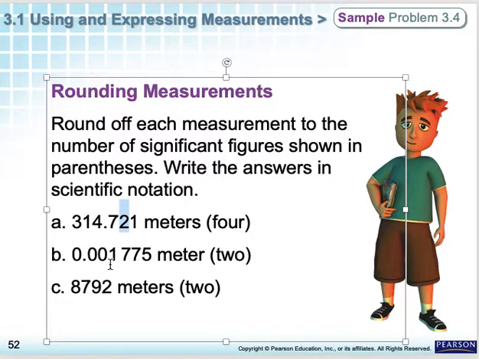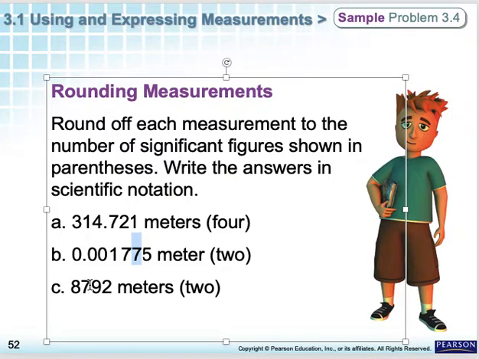Here, if I want to round to 2 significant digits, I'm going to keep the 1 and the 7, and the second 7 is where I'm going to decide if I'm going to round up or round off. In this case, I would round up, and it would be 0.0018. This first 7 would go up to an 8.